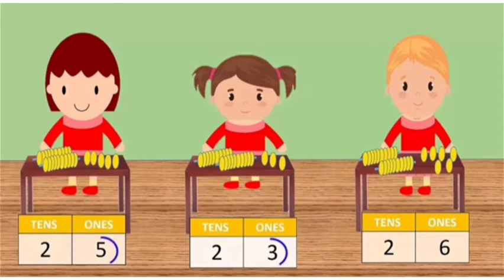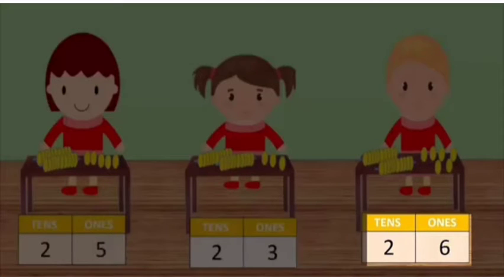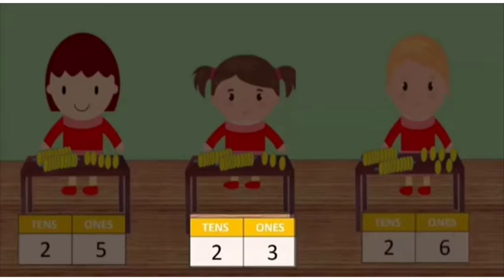They differ only in ones place. Among 3, 5, 6, 6 is the biggest and 3 is the smallest. So, 26 is the biggest number and 23 is the smallest number.